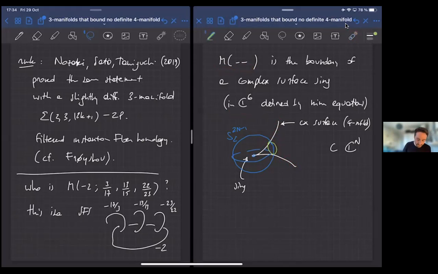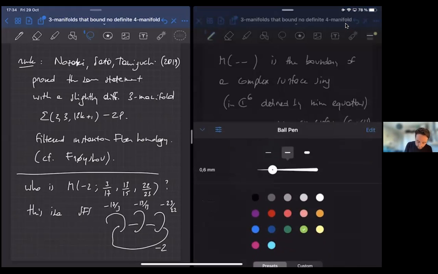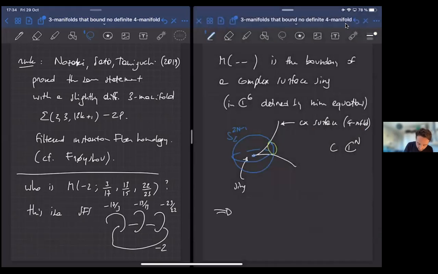And note that as a complex surface singularity, this implies that our M is automatically the boundary of a negative definite 4-manifold, namely the resolution of the singularity.